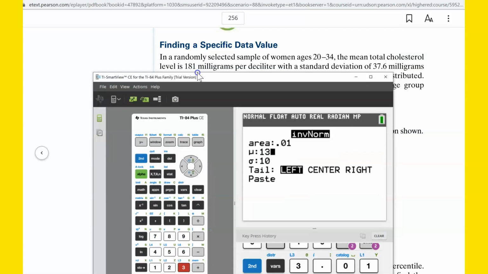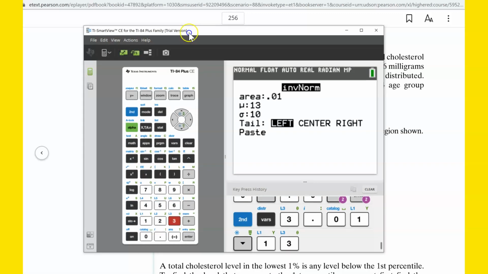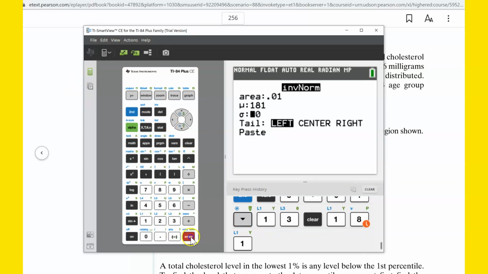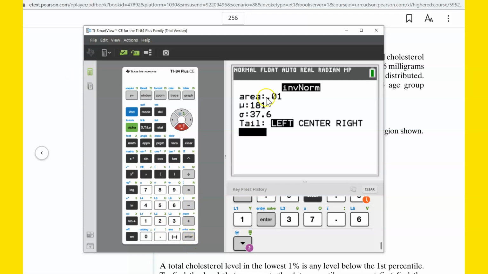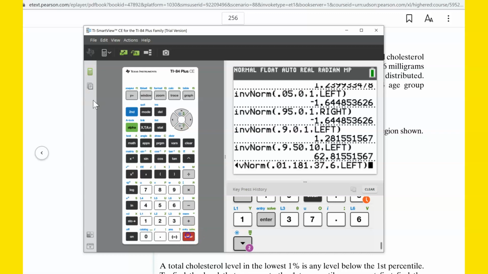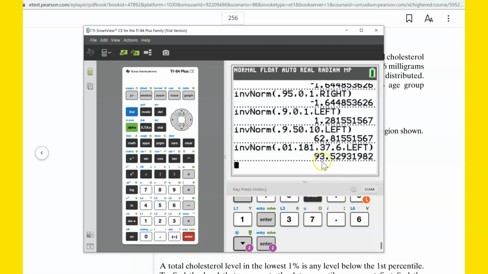I wasn't even close. 181 and 37.6. And I am doing it as a left tail. If I'd done 0.99, I could have done a right tail. So my cholesterol level to be in the bottom 1% would need to be at the most 93.5.